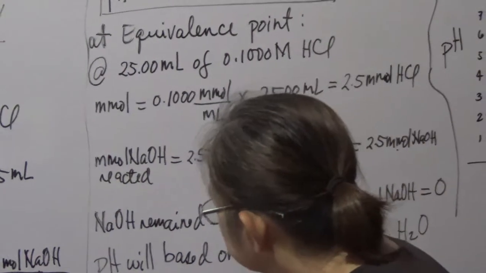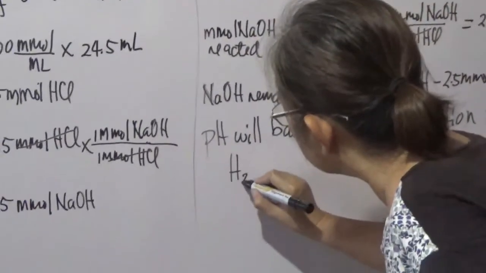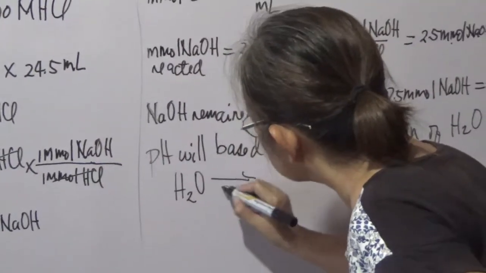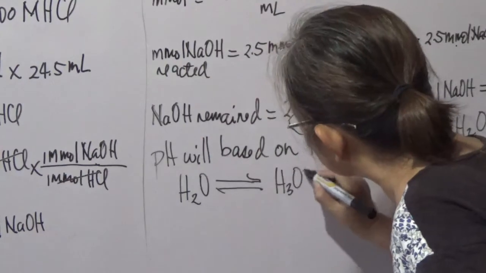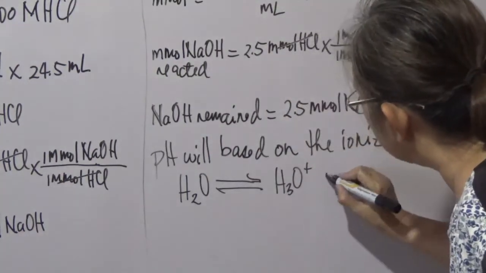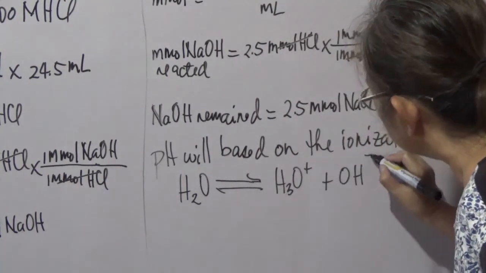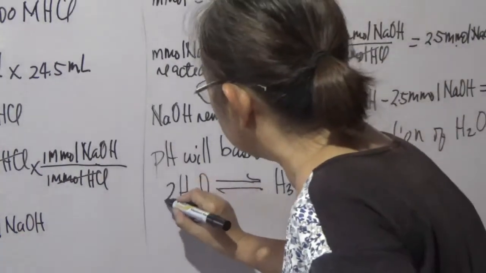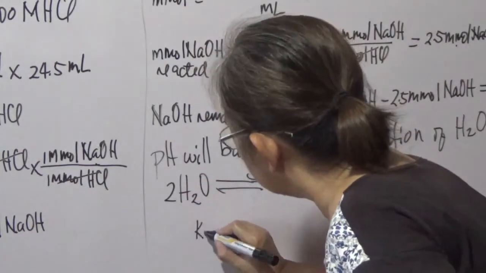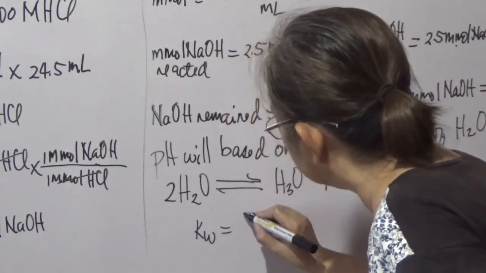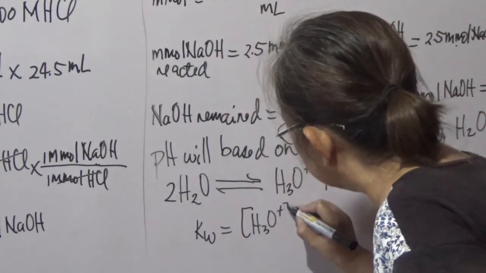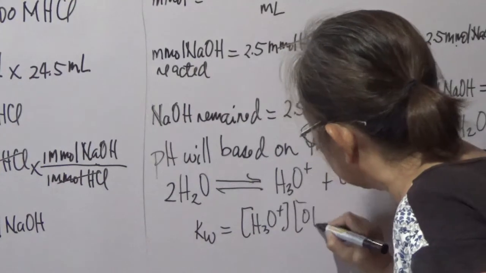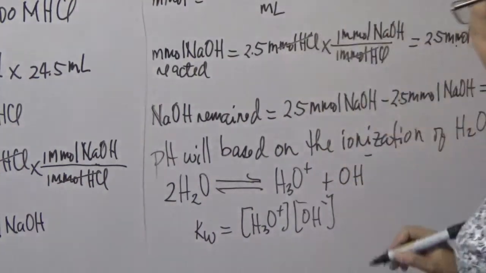Do I have to write the equation again? For review also. So you have hydronium ion and OH ion. Okay, you have 2 moles of water here. So the Kw of water will be the concentration of the hydronium ion times the concentration of hydroxyl ion.